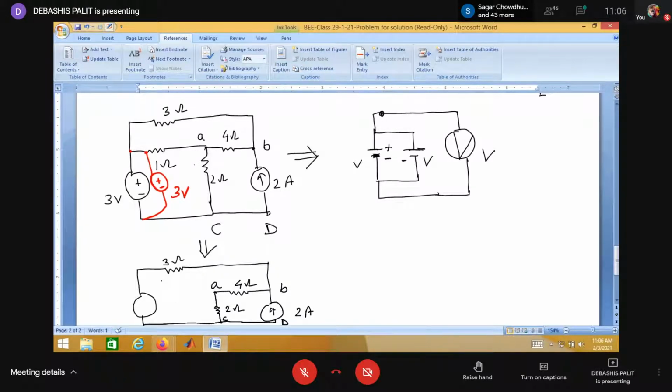So I can consider this point by separating this terminal.